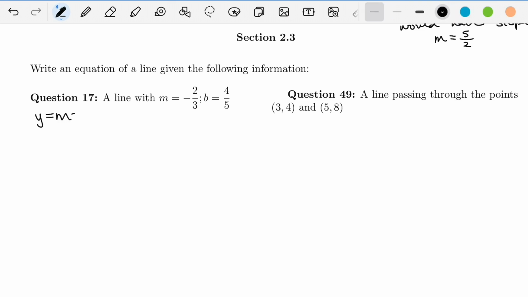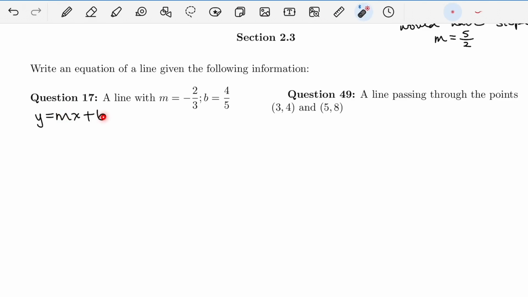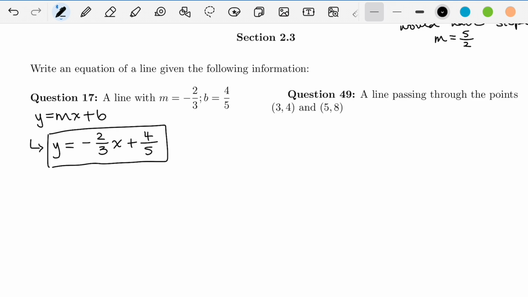So we're going to use an equation of this form here, mx plus b, where m is our slope and b is this value here. So just plugging this information in, we're going to get minus 2/3, that's our mx, plus our b value, so 4/5. So that would be our equation given that information.